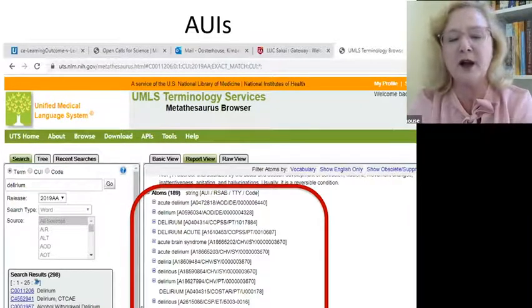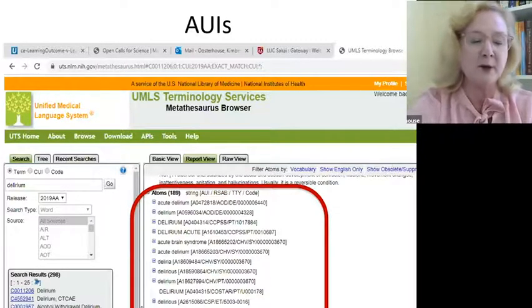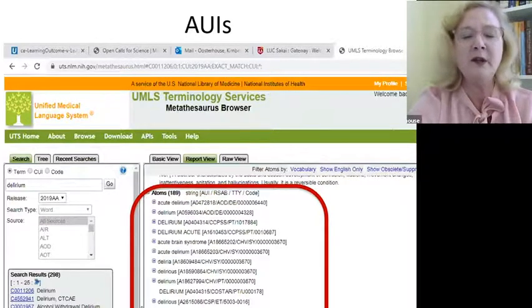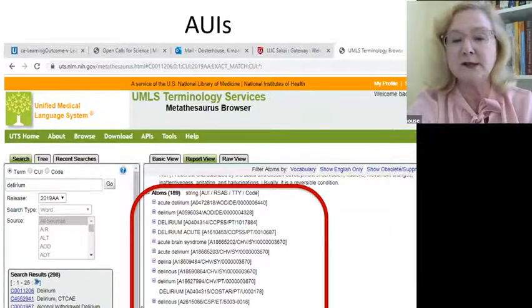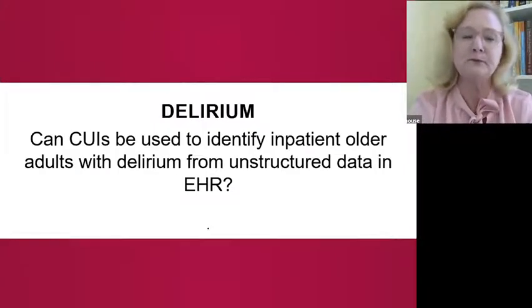Delirium is our concept, and we can see here that there are 189 corresponding atoms that make up that concept. Note there is a vast difference in terminology here. You may see acute delirium, acute brain syndrome, confusion, and other things like sundowning. These smaller parts are what make up that concept unique identifier overall.